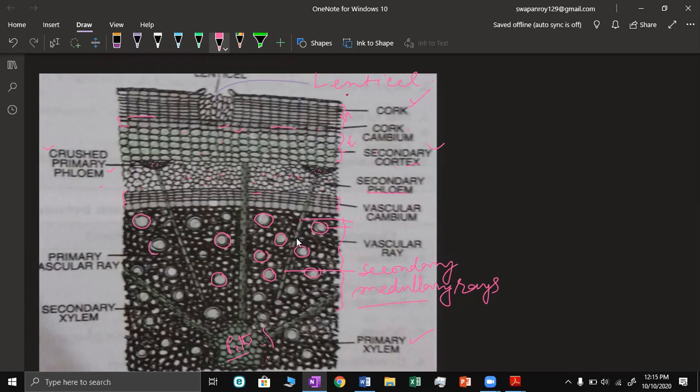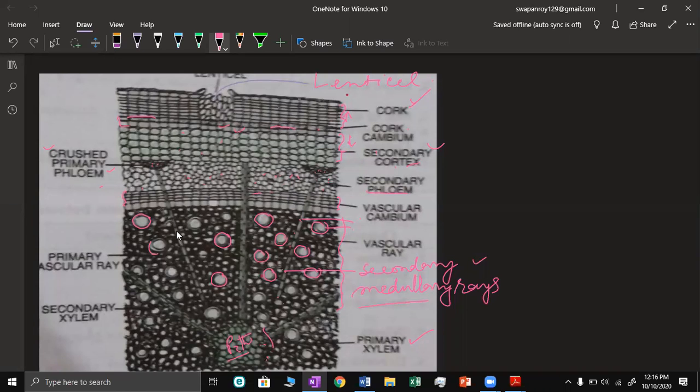They conduct water over a short distance in a radial way, meaning from the center to the periphery or periphery to the center. In the radial manner they can conduct water.